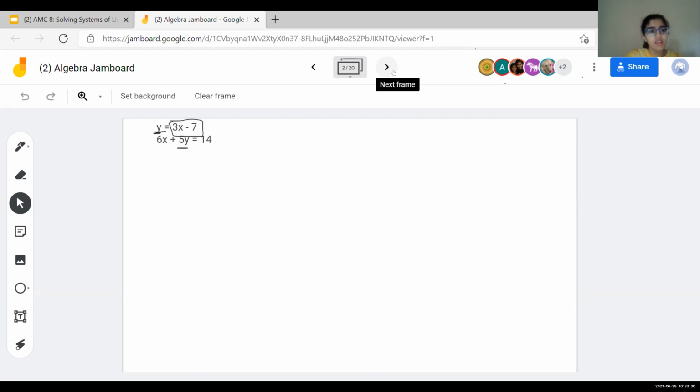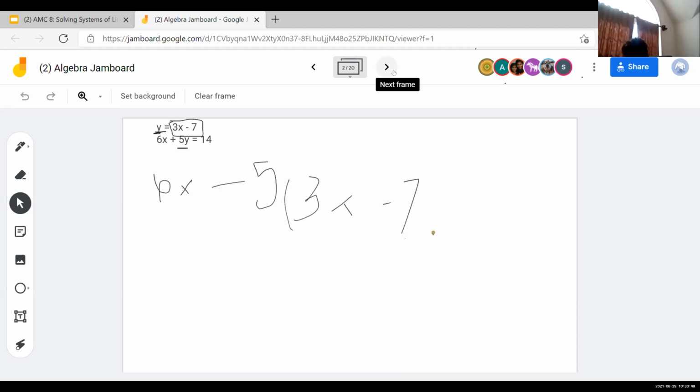So we get 6x plus 5 multiplied by 3x minus 7, is equal to 14, right?